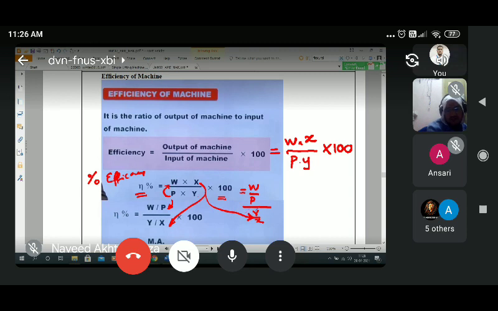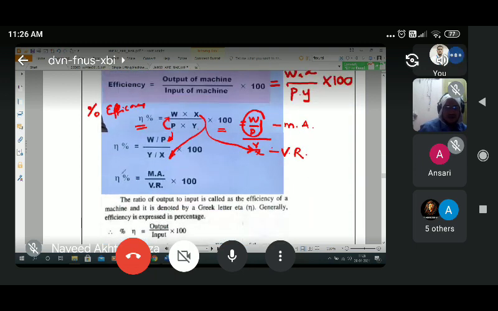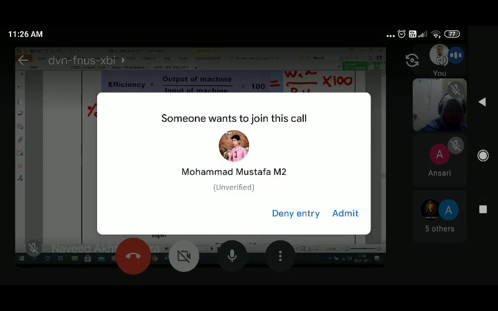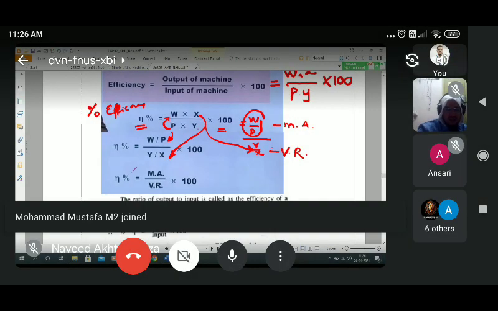So you know what W upon P is? W upon P is our mechanical advantage, and Y upon X is the velocity ratio. So what is the efficiency of the machine? It is the ratio of mechanical advantage to the velocity ratio.